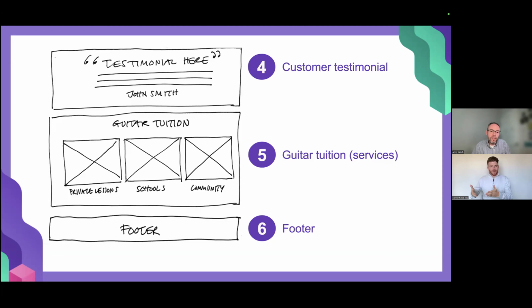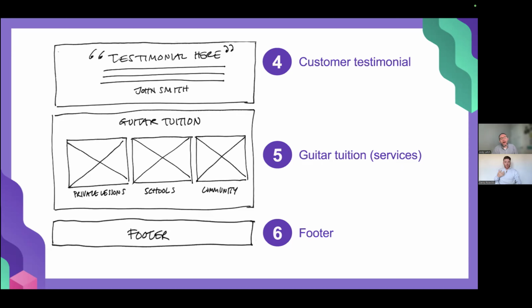So this guitarist, musician, he offers private lessons. He works with schools and colleges, and he also does free work in the community as well. The final part of our website is the footer. So that typically would have contact information and links to things like disclaimers and cookie policies, etc. So that is the structure of our website or our homepage.